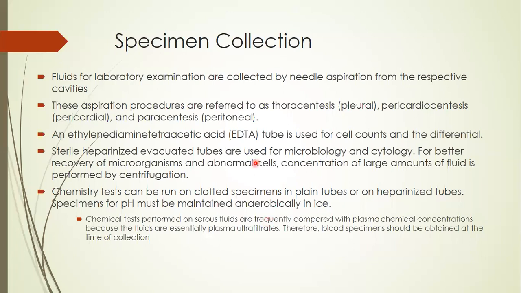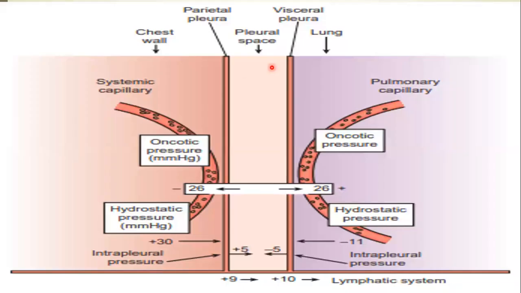So serous fluids are collected using needle aspiration. Okay, so I have tried these two, thoracentesis and paracentesis. When I was a medical intern, I haven't actually seen pericardiocentesis, but these are delicate procedures because one mistake, remember, this space here is really a potential space, very narrow, and one mistake would mean hitting the organ, right?